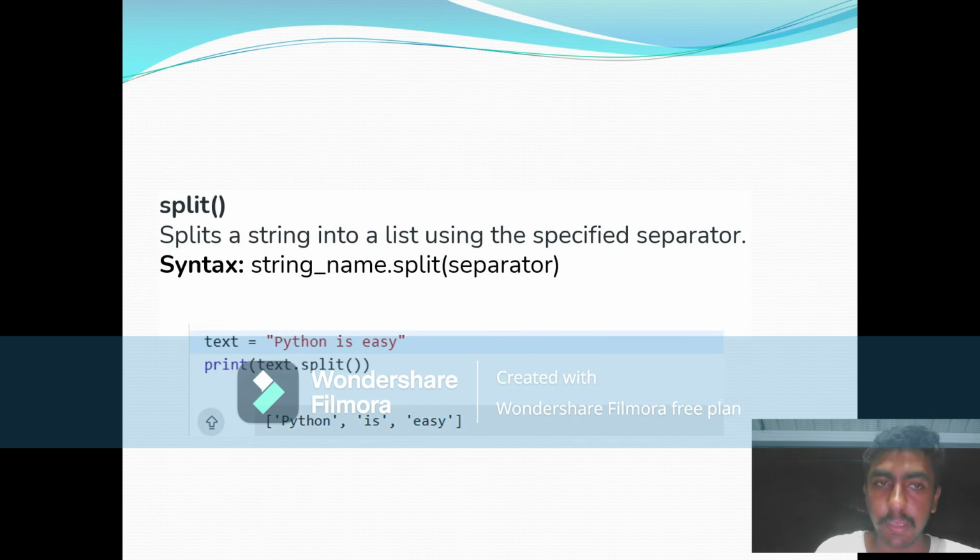Next, let's see about split. Split breaks one string into multiple parts. By default, split has a delimiter called space. So this separates Python, then is, and then easy.